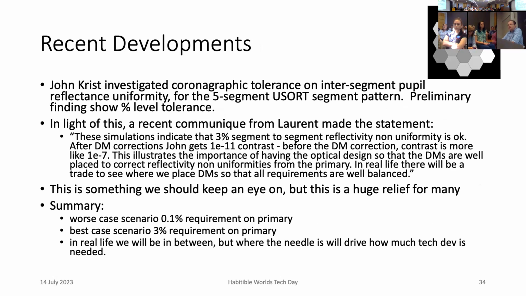So the correspondence from Laurent, enjoying himself in Grenoble at this particular moment, was that this provides a much more tractable problem. You can place the deformable mirrors in such a way as to offset the impact of that non-uniformity. However, the tricky bit is that where you put the DMs for the primary might be slightly different than where you put them for the secondary.